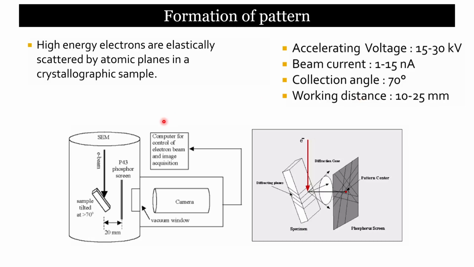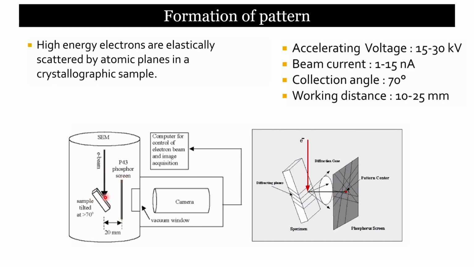And basically how are the patterns forming? The high energy electrons are elastically scattered by the atomic planes in the crystallographic sample. So this is your electron beam which is falling on the sample, and this sample is tilted at a 70° angle.